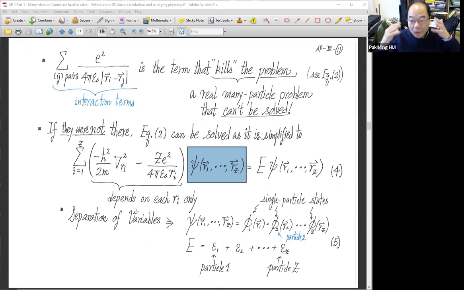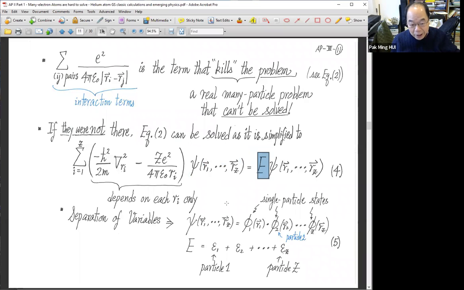Okay, you can solve every one of them. And then the allowed energies of this total Hamiltonian is the allowed energies of each particle summed up.